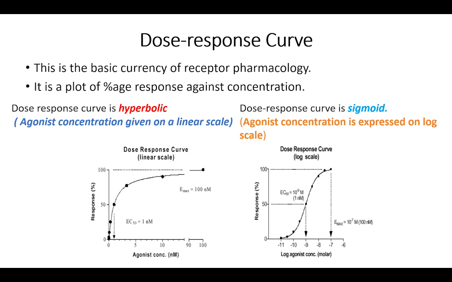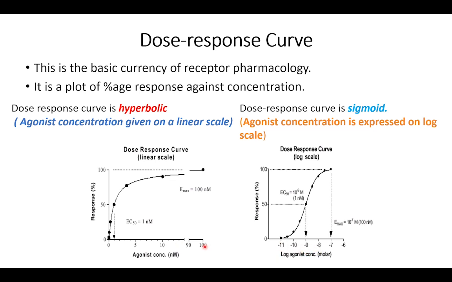And then there are two forms of the dose-response curve. We have the one which is hyperbolic and the one which is sigmoid. The hyperbolic is whereby the agonist concentration is given on a linear scale, and the sigmoid is one whereby the agonist concentration has been converted to a log scale.